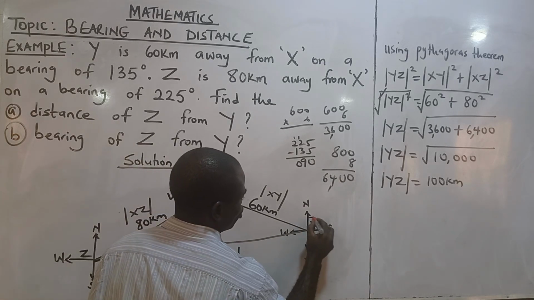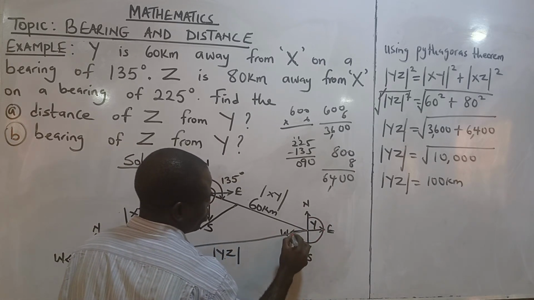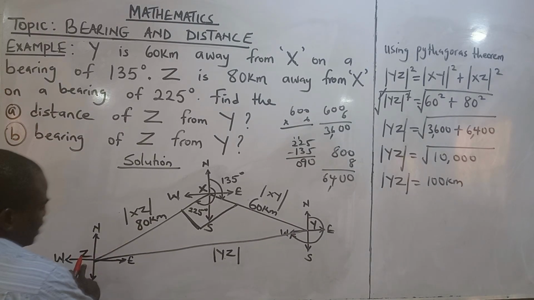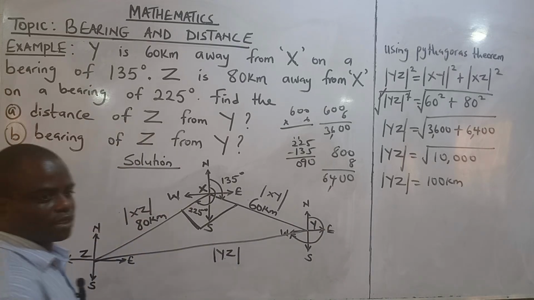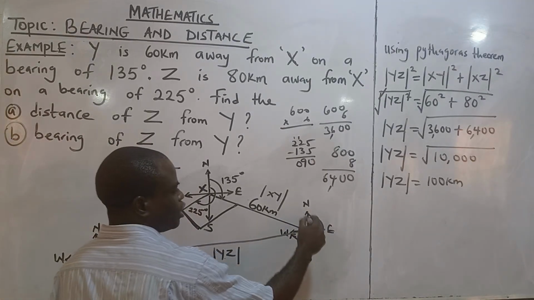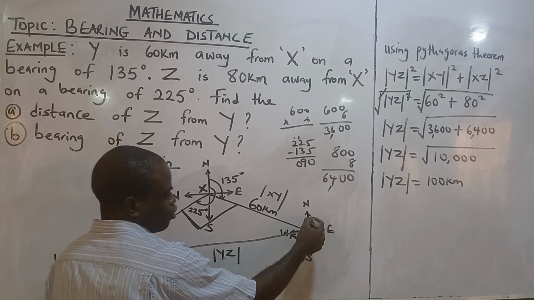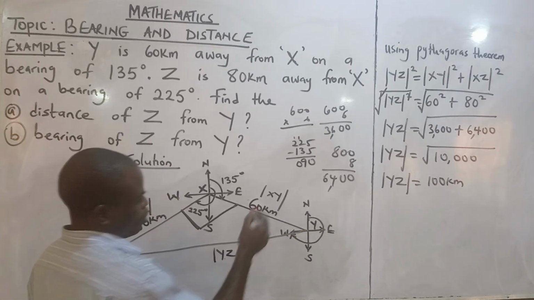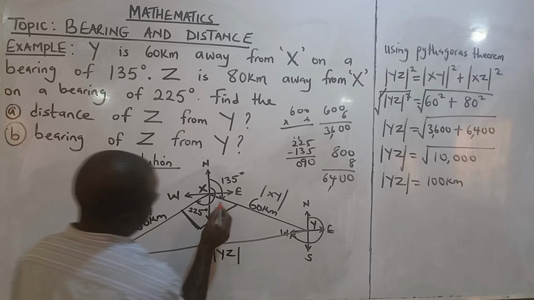What it takes to turn to get to z, that's the bearing of z from y. That's what it's saying. Is that okay? You go to where the north is, what it takes to turn. And you know that the angle to turn from north back to north is 360 degrees. Let's know what this angle is.